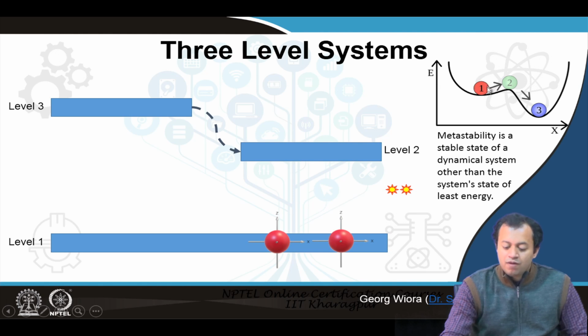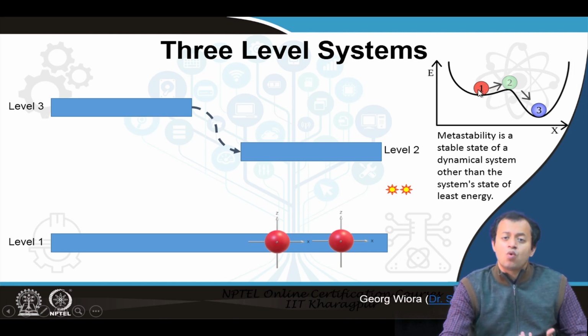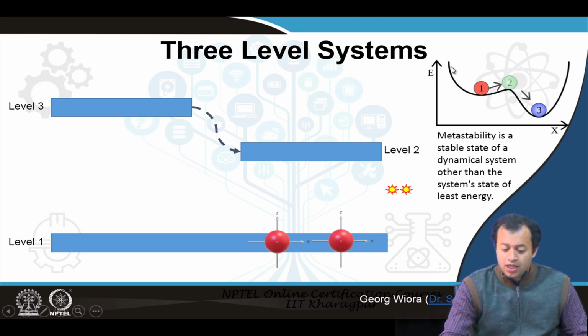If you are throwing billiard balls down this kind of a valley, this is obviously the lowest, the most stable energy state, but there also exists some kind of valley point where the electron can exist, where the billiard ball can exist with a somewhat quasi stability. So, this is this valley part.